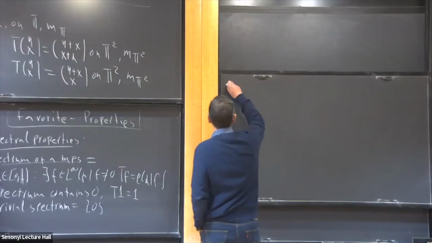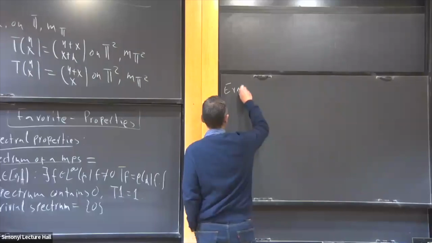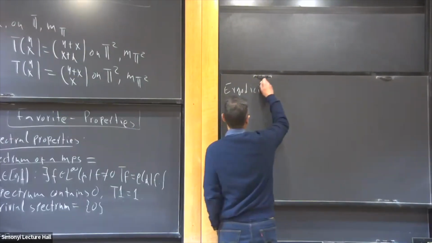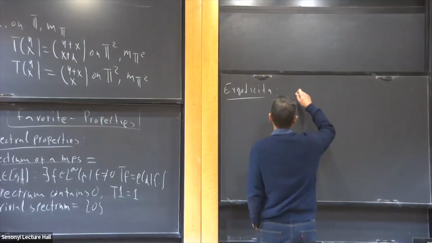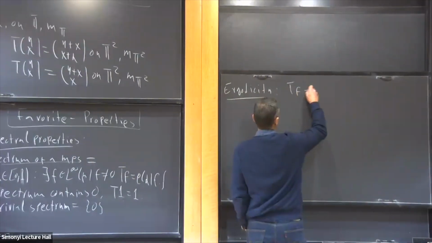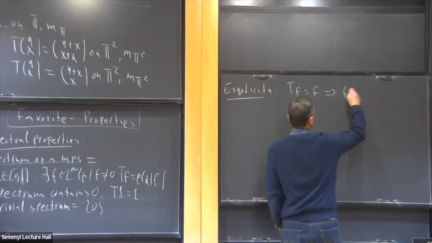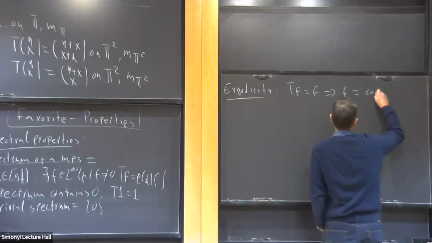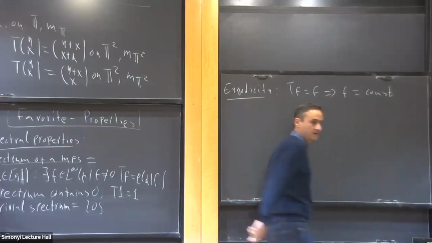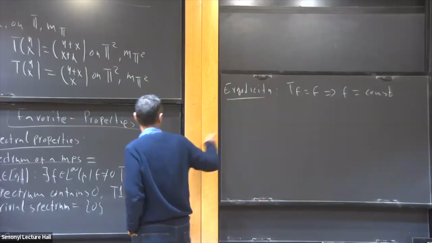And we have various versions of randomness. Ergodicity: one way to express it is that Tf equal to f implies that f is constant. A system is ergodic if it satisfies that.